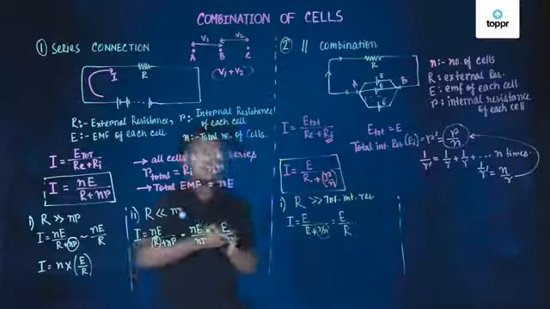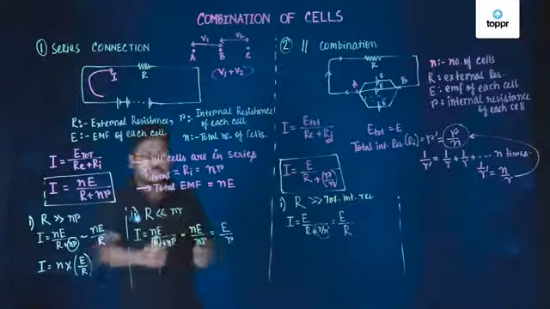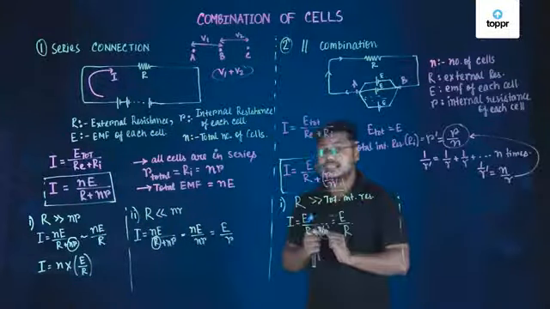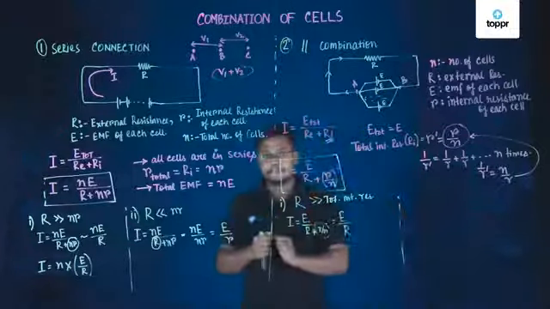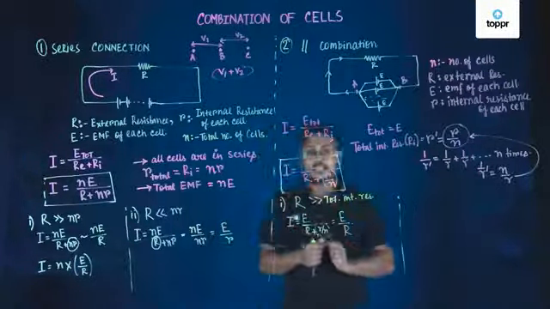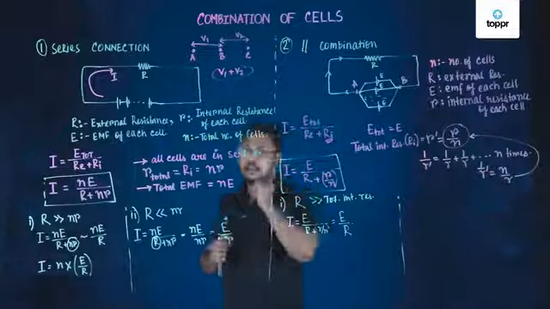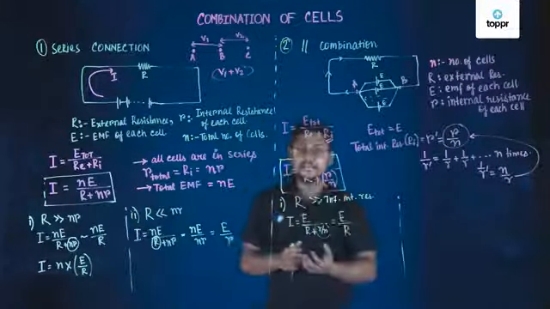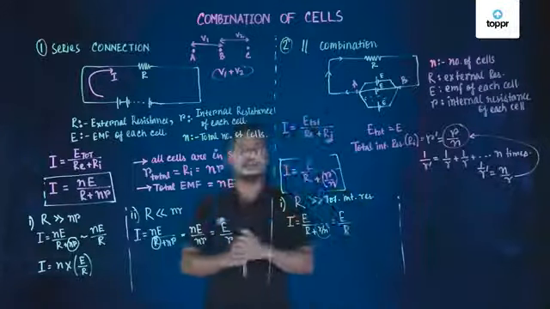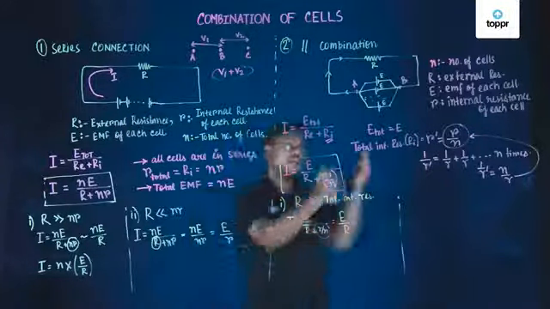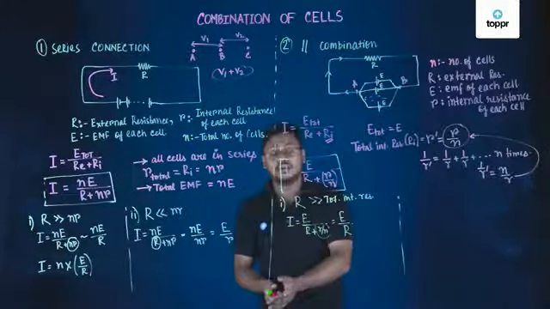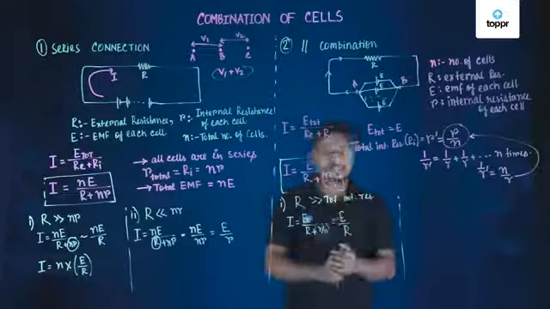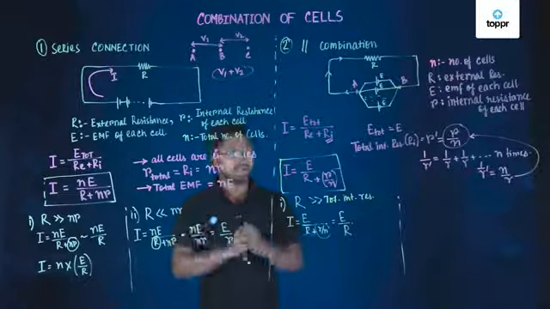Now what is E divided by R? Similar to the case when you connect only a single cell having EMF capital E and internal resistance much less than the external resistance, the same amount of current you will get if you connect n number of cells, each having internal resistance quite small as compared to the external resistance.